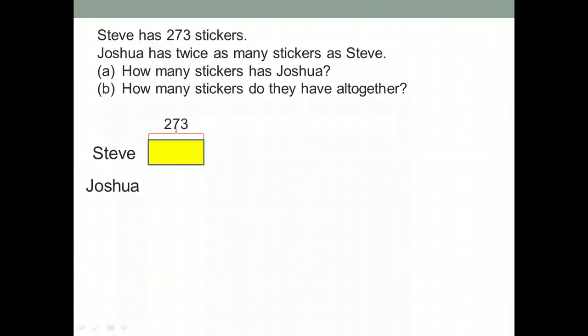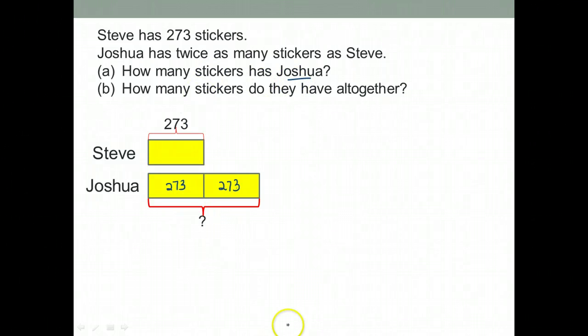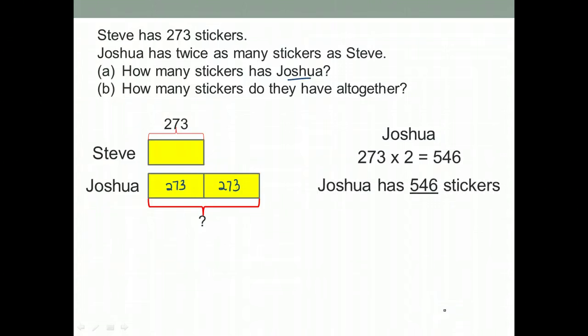Joshua has 2 times as many stickers as Steve. So 1 time, 2 times. I know this is 273. This is 273. I want to find, first of all, Joshua. How many stickers has Joshua? So I know Joshua is 2 times 273, which is 546. So Joshua has 546 stickers.